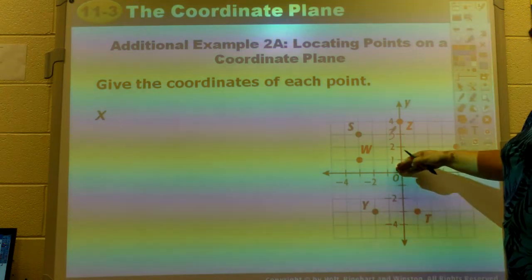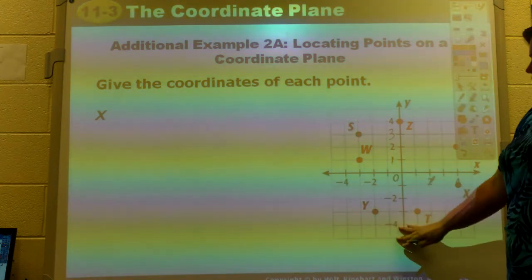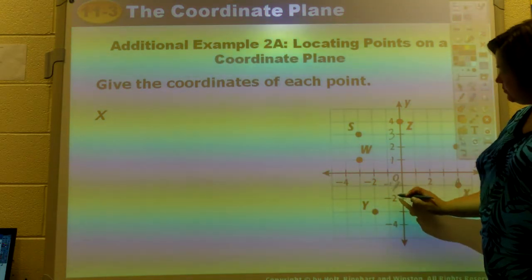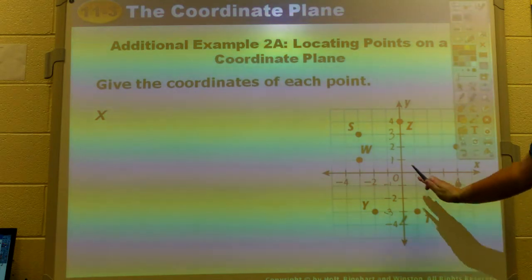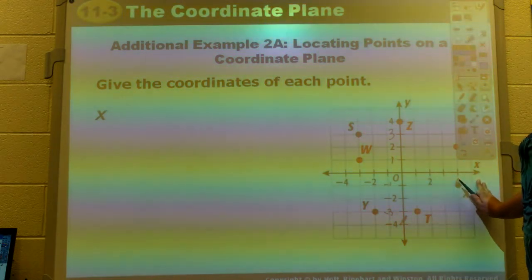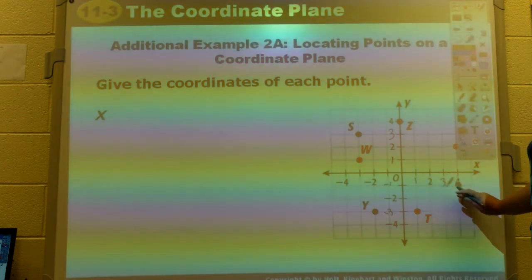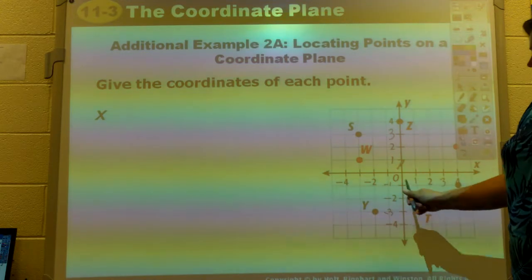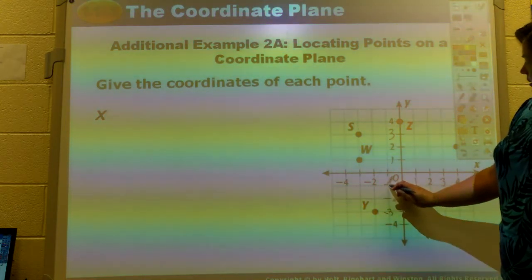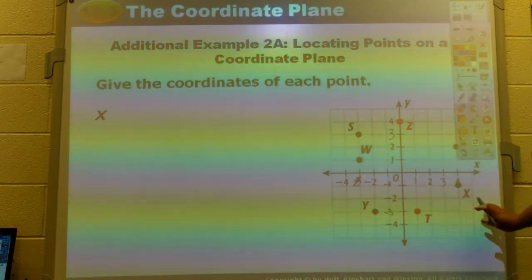We have our 0, going down from 0 you have negative numbers, negative 1, negative 2, negative 3, negative 4. Going to the right, you have positive numbers, positive 1, positive 2, positive 3, positive 4. And going left from 0, you have negative numbers. So negative 1, negative 2, negative 3, and negative 4.